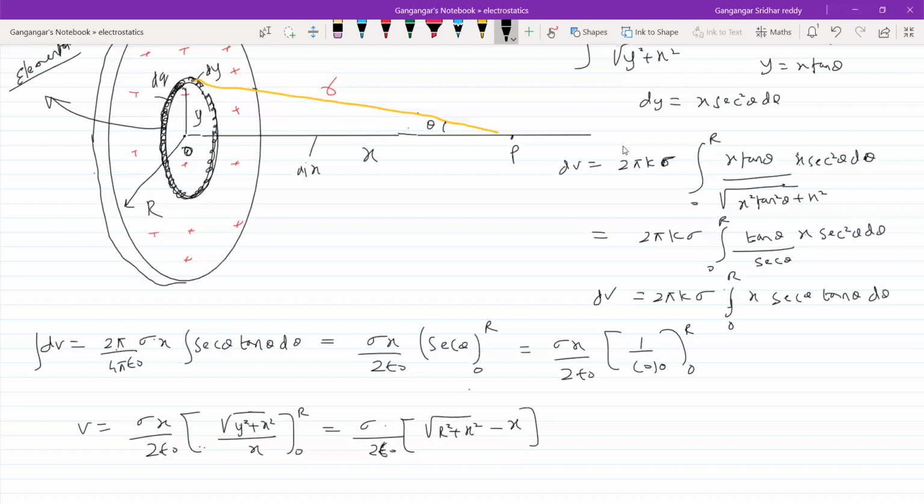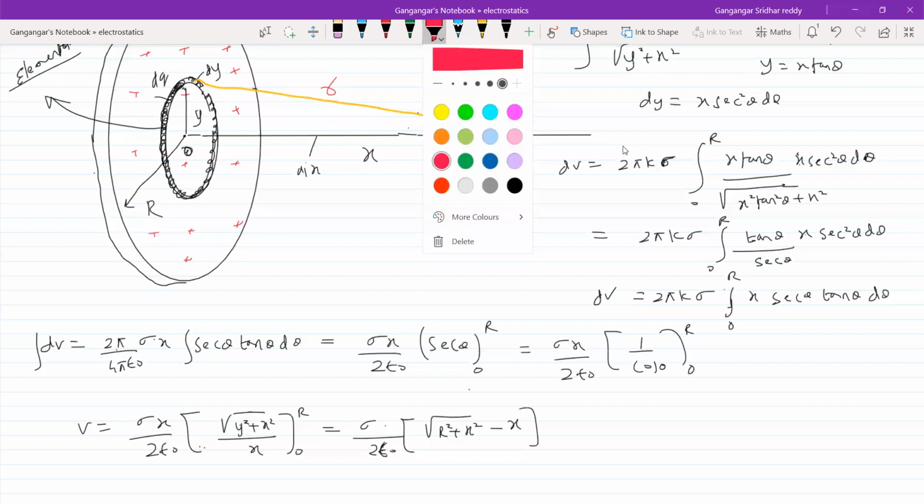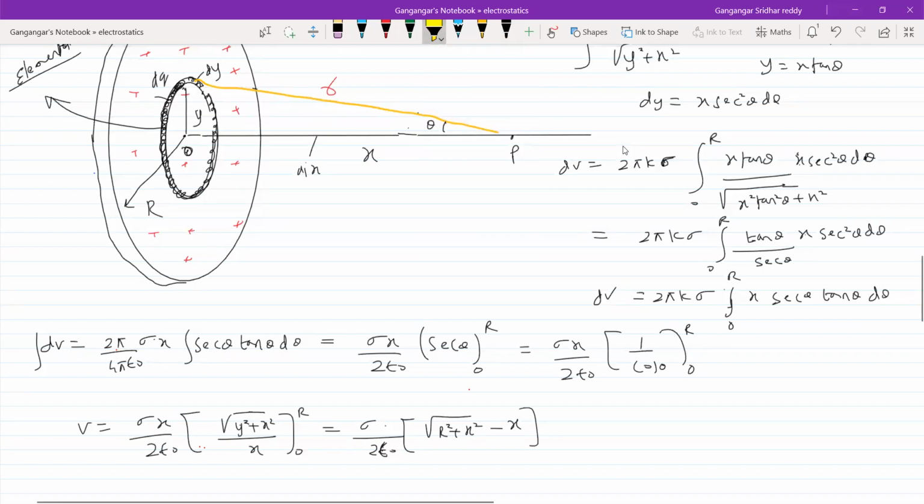I think nobody will ask you this derivation in the exam, but the formula plays a very important role. Especially in exams, if a student knows this formula, you can enter into the question, or else you have to derive. This much derivation is not possible; exam timings will not permit you. So therefore I suggest that by today we'll finish off all the maximum charged objects, with field and potential in hand.